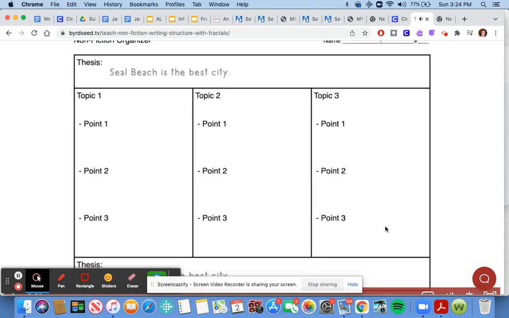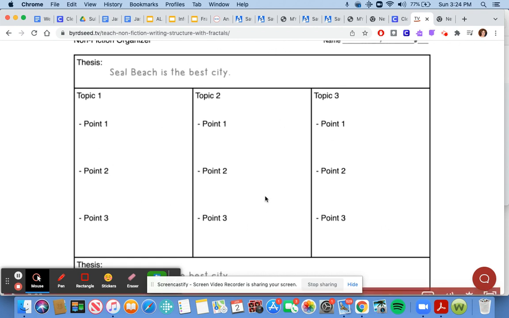Before Ian goes, I want to point out that in this box, we have something called a thesis, and down here we have a thesis. A thesis statement is so important. We're going to talk more about it tomorrow. But a thesis statement answers the prompt that's being asked of you. So if the question is, what's the best city? Here's a thesis statement that Seal Beach is the best city.